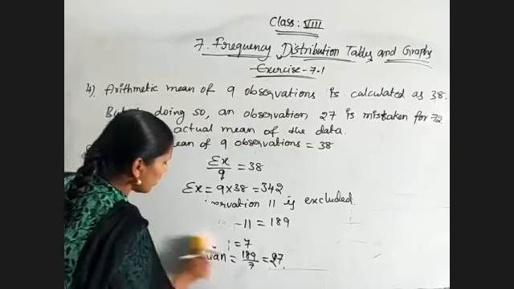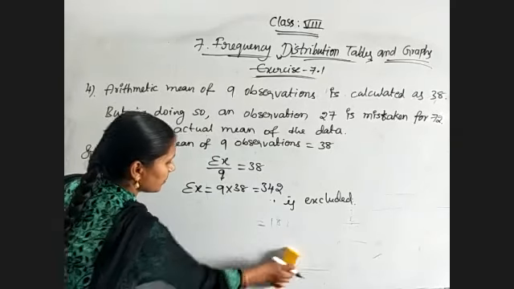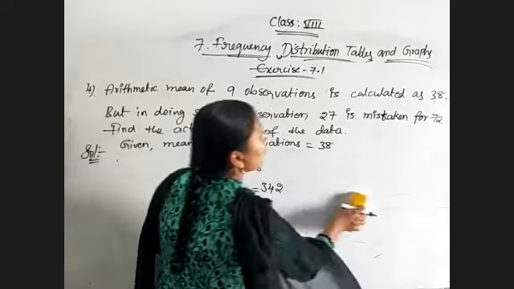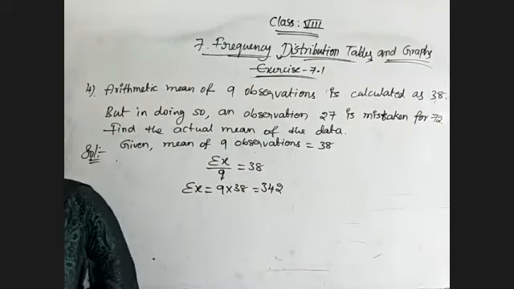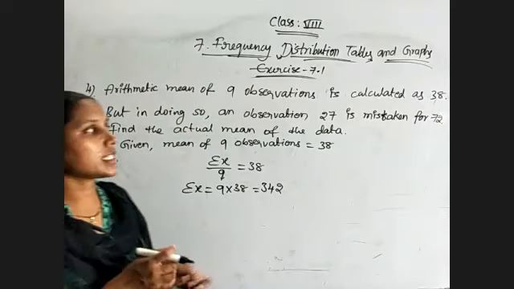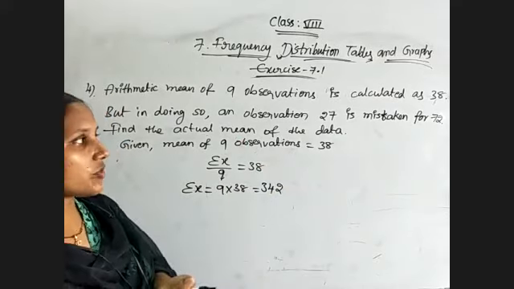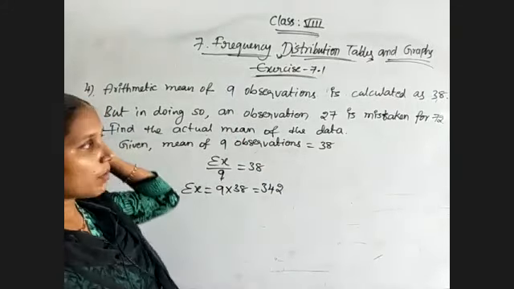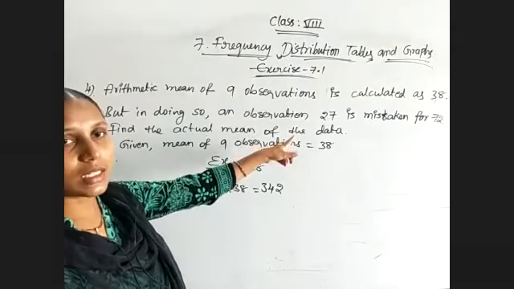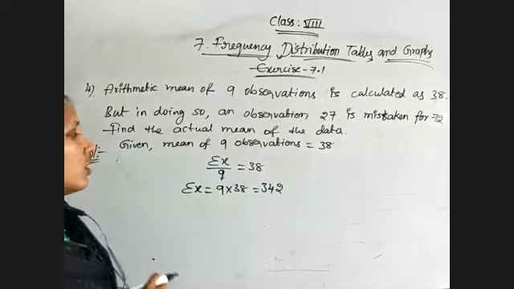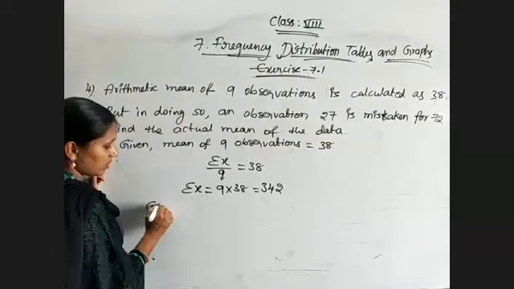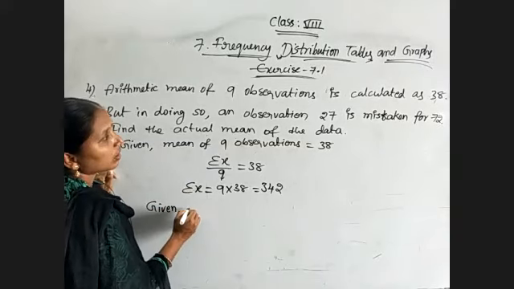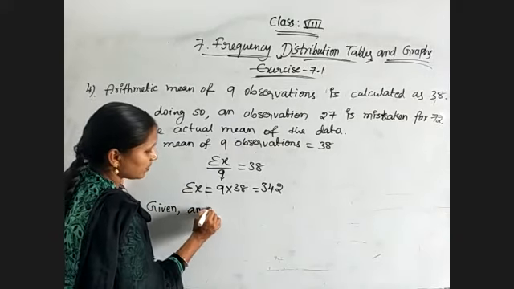And next, what have they mentioned? An observation 27 is mistaken for 72, meaning the actual observation is 72, but they have taken it as 27.